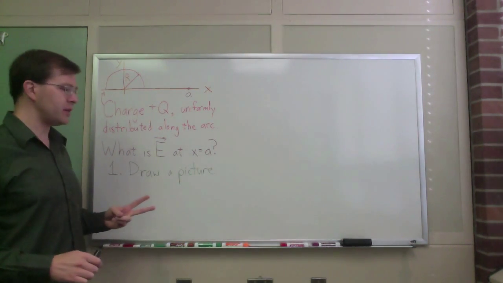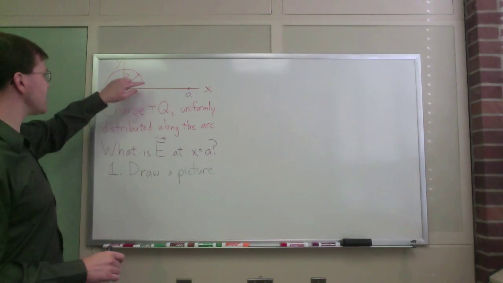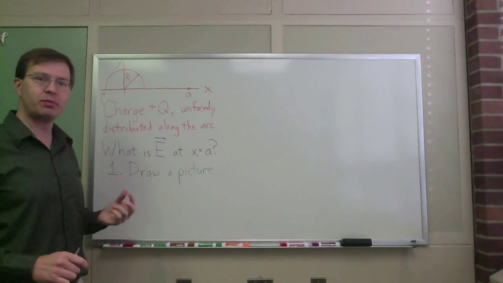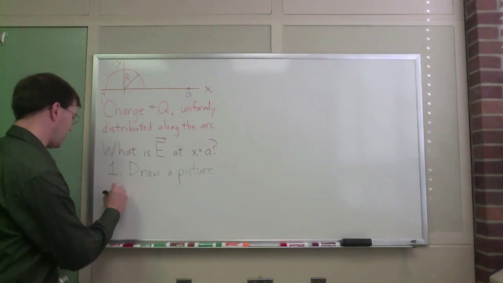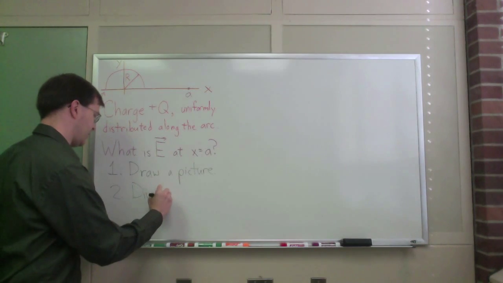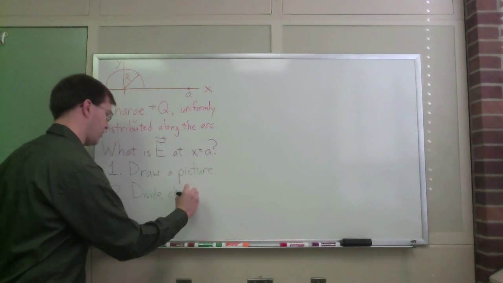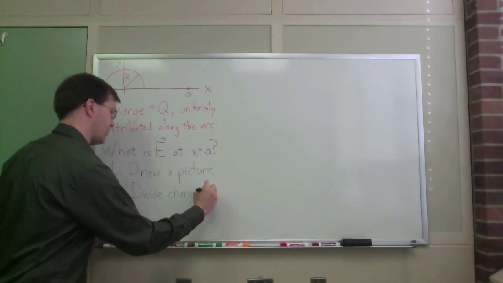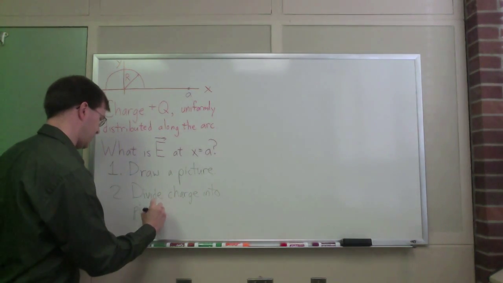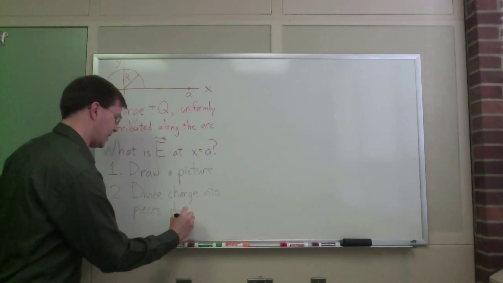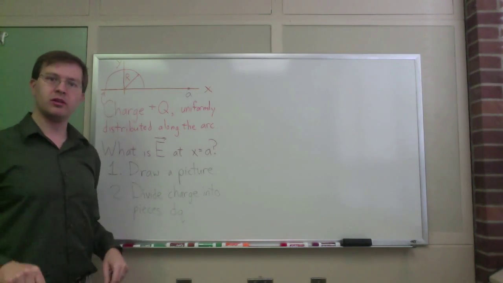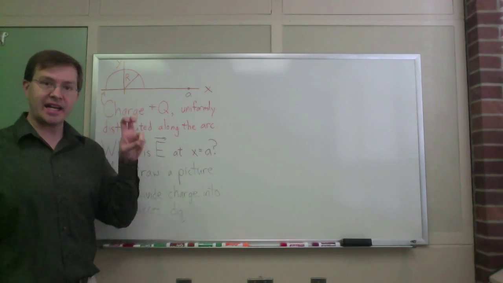Step two, then, is we need to divide this overall charge, this continuous charge, into a bunch of tiny little pieces, dq. In calculus speak, the d here means tiny little, so dq is a tiny little charge.